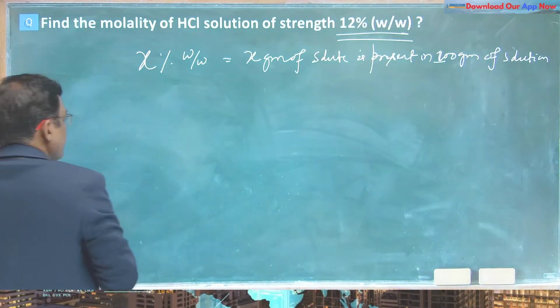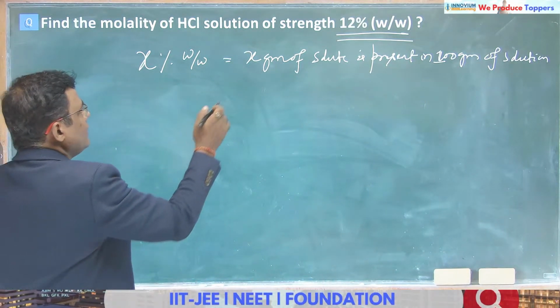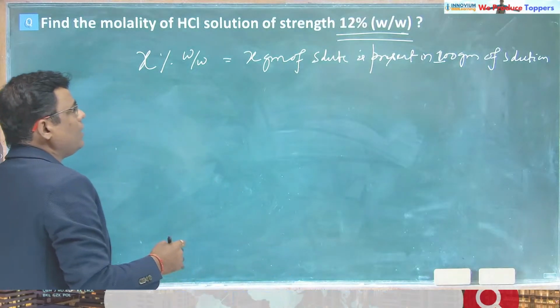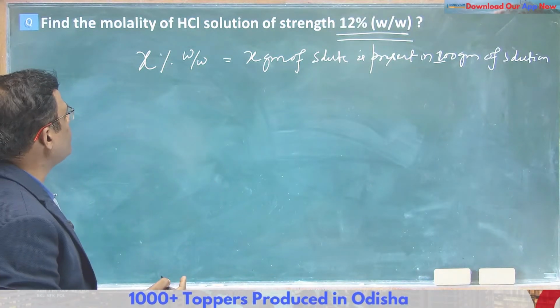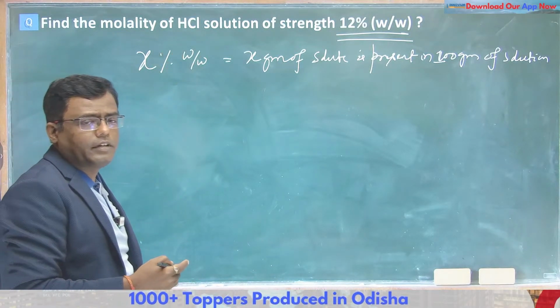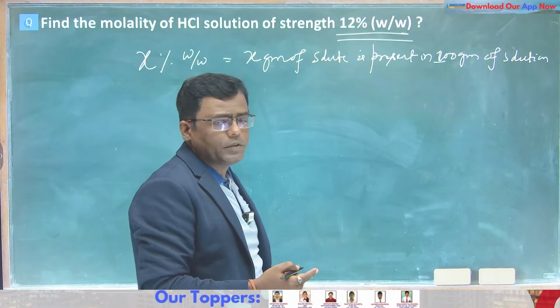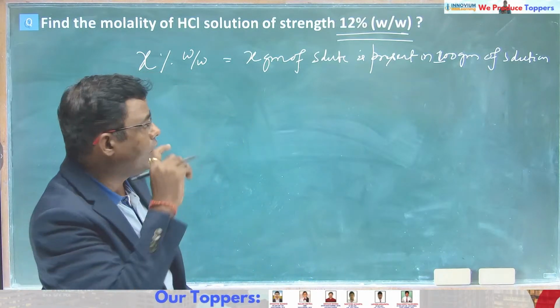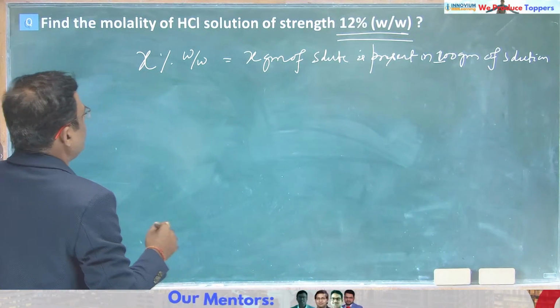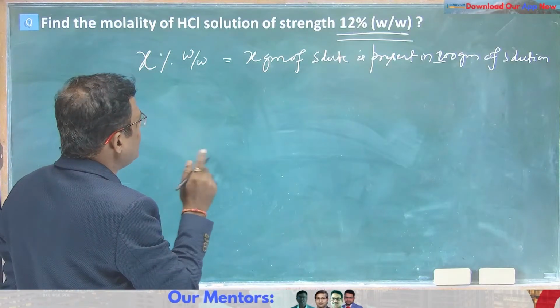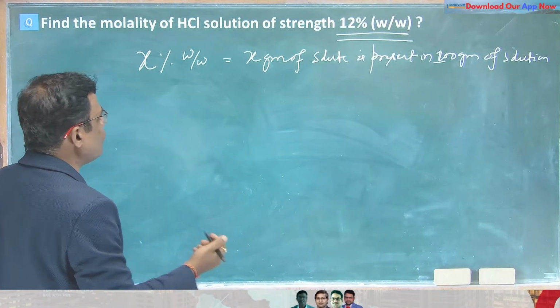Here in this case we have 12% W by W, which means 12 gram of solute. What is that solute? The solute is HCl here. So 12 gram of HCl is present in 100 gram of solution. Correct?